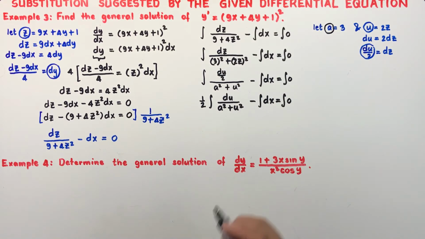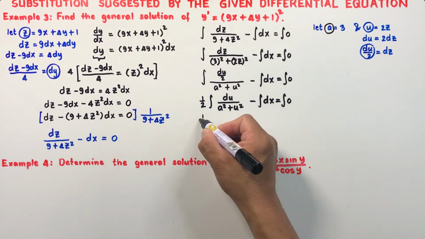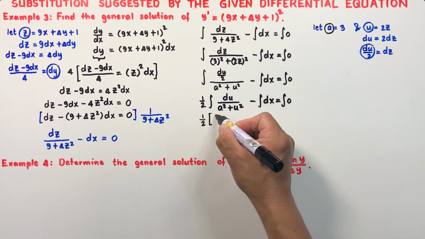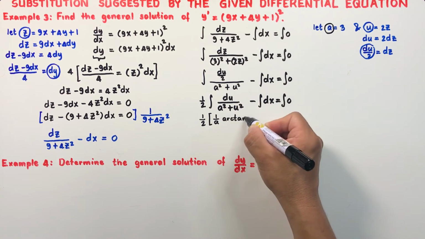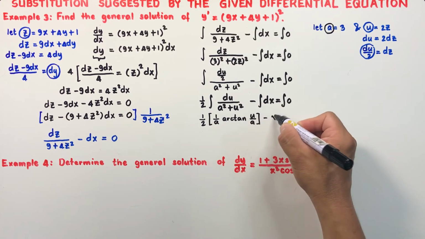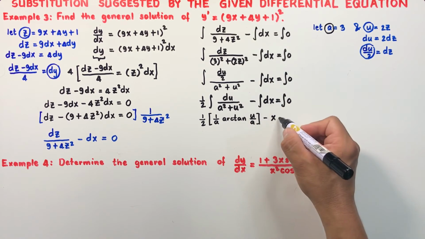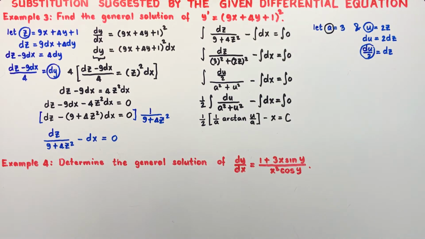Now we know that the integral of this fraction is equal to 1 over a times the arctangent of u over a, and this is subtracted by x, which is the integral of dx, and this is equated to the constant of integration c.